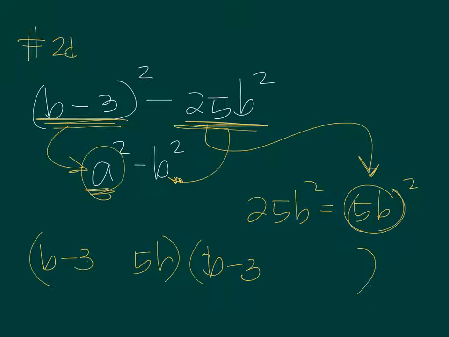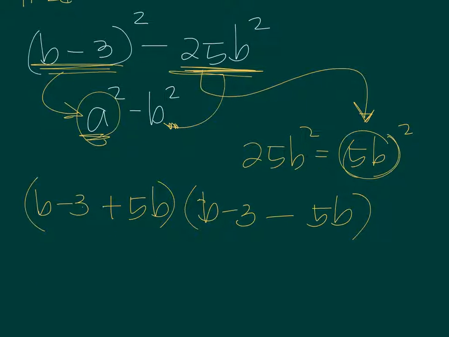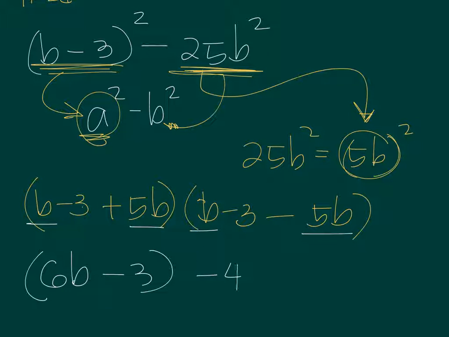So 5b and 5b. One being plus and the other as minus. Okay, so simplify. This will be b and 5b will become 6b. So you have 6b minus 3. And then b minus 5b is negative 4b.